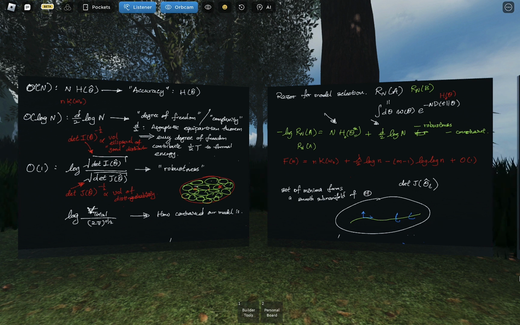So a bit more complicated. Okay, so if your set of minima is not a submanifold but is an analytic variety with singularities, we do SLT.